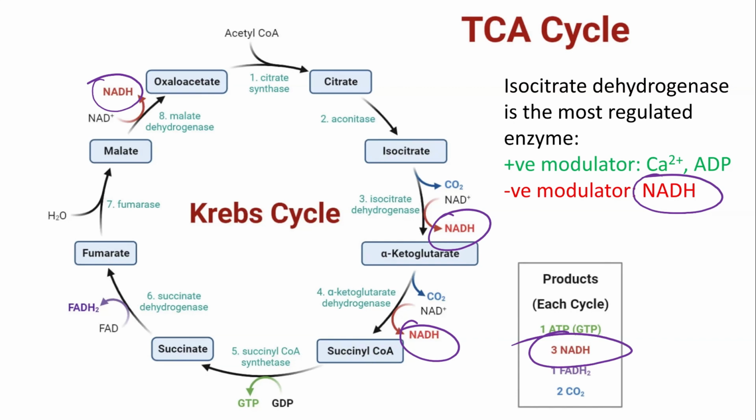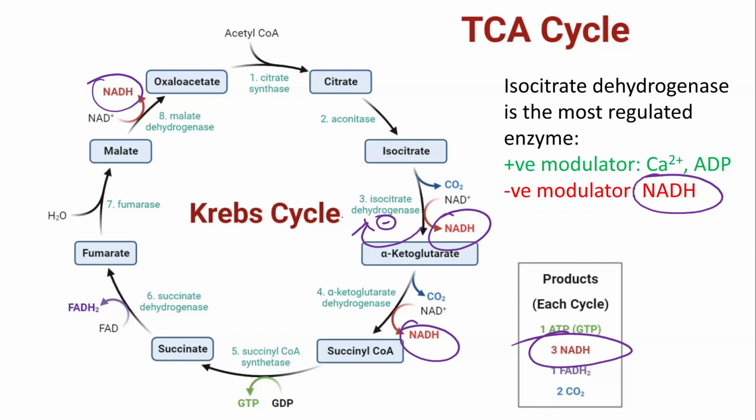When there is a buildup of NADH, for whatever the reason, it will have a negative effect on isocitrate dehydrogenase. That is the key enzyme. Thereby it slows the TCA cycle, because when you have plenty of NADH, why run the TCA cycle so fast? You slow it down.